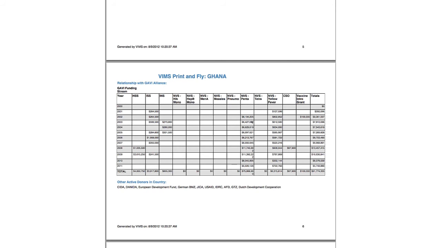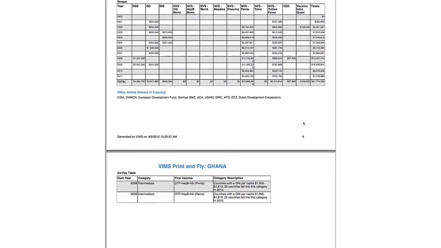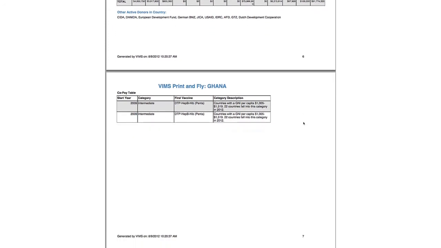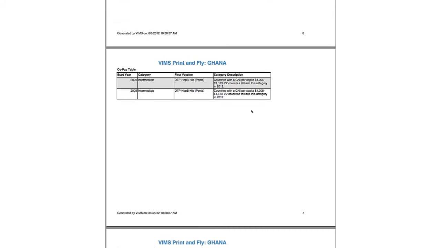Ghana has received funding for Penta introduction and yellow fever introduction, as well as general vaccine introduction grants. This copay stat table shows the history of the copays that Ghana pays to Gavi based on their eligibility status.